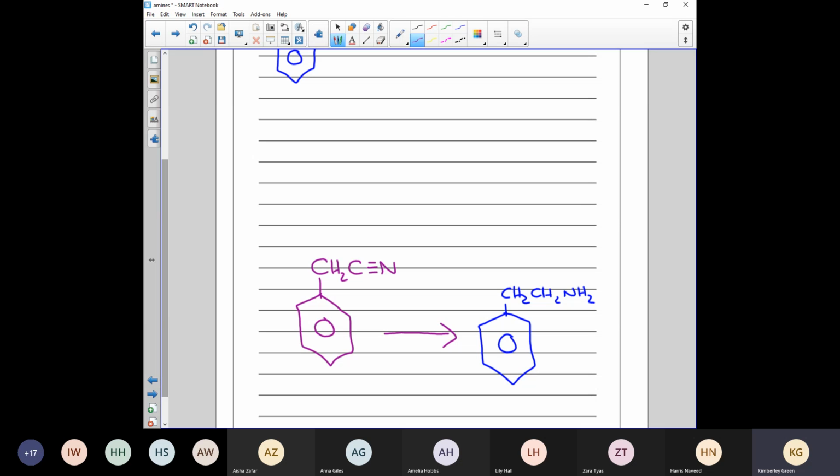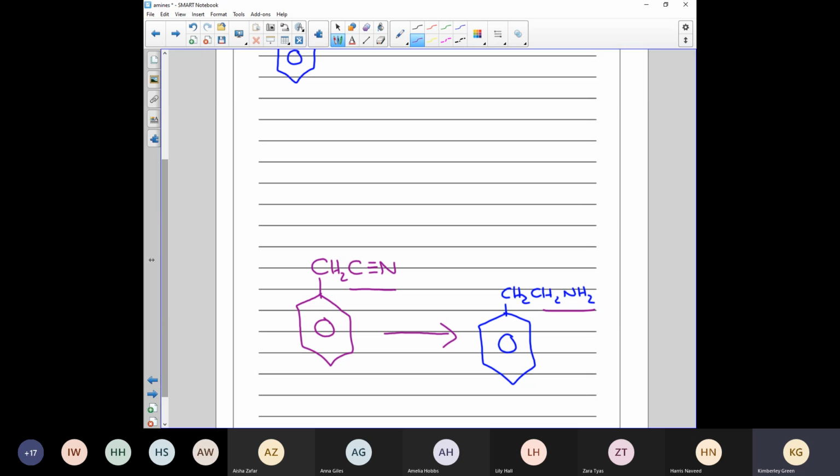Right, so what's different about here and here? I've just added a load of hydrogens. So this is a reduction reaction. It's not something we have a mechanism for, and it's always kind of hidden at the bottom of your packs. So people always forget that it exists.